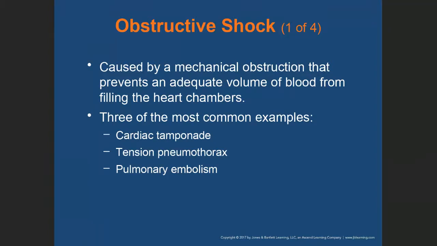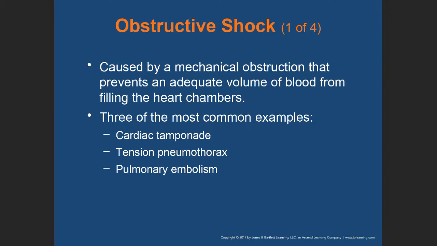So we have looked at direct damage to the heart, which is cardiogenic shock, and we looked at how the patient gets to that point as it relates to having a heart attack. Now let's look at conditions that can affect the heart indirectly.